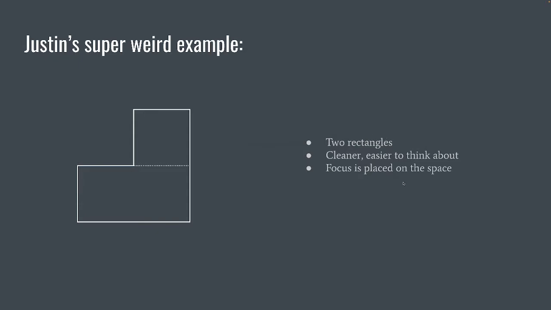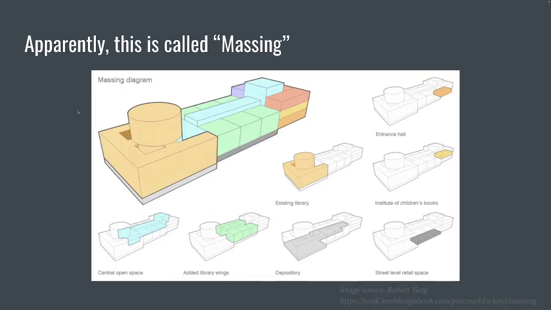Excellent. Okay. So apparently, in the level design space, that's called massing. So basically, taking your space and throwing it together to see how it shapes up. And in a couple of slides, I'll get into the nitty gritty of how you can actually organize some of this stuff, and helpful tips and tricks.